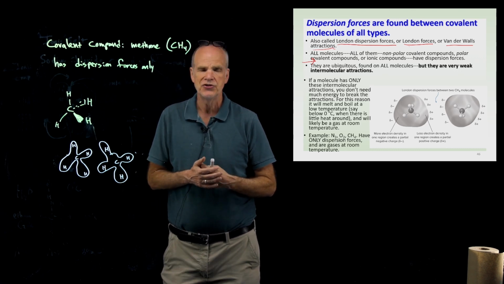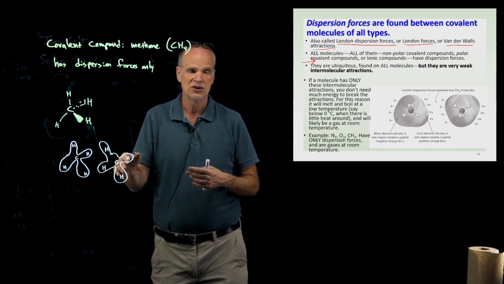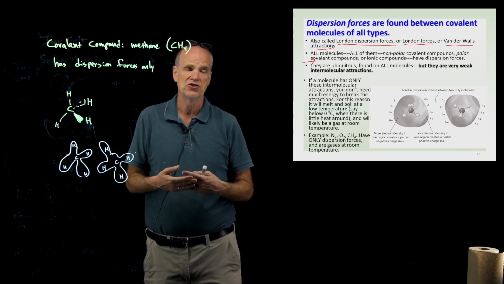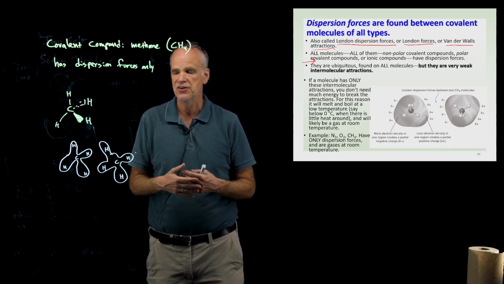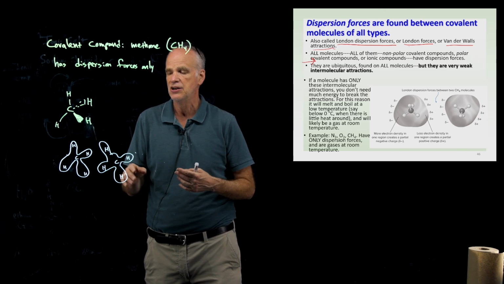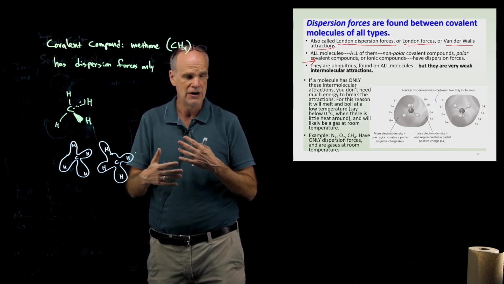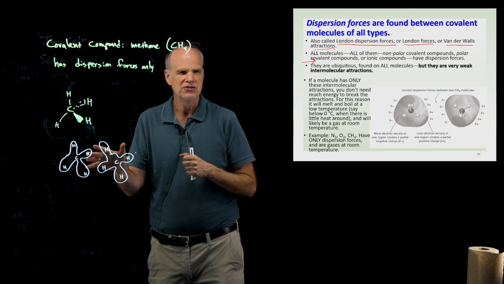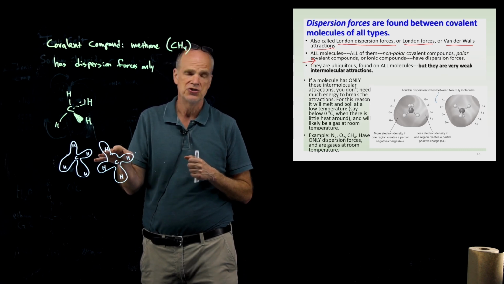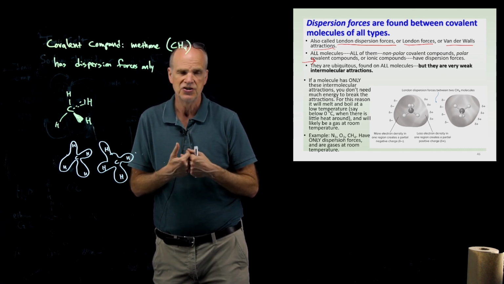Now, what happens in this methane molecule, and this happens not only to methane molecules but to all molecules, is that electrons will move around over time. Let's think a little more in detail about the motion of the electrons in these molecules.